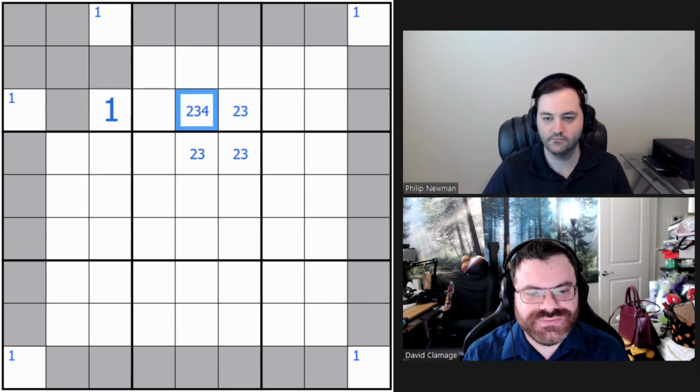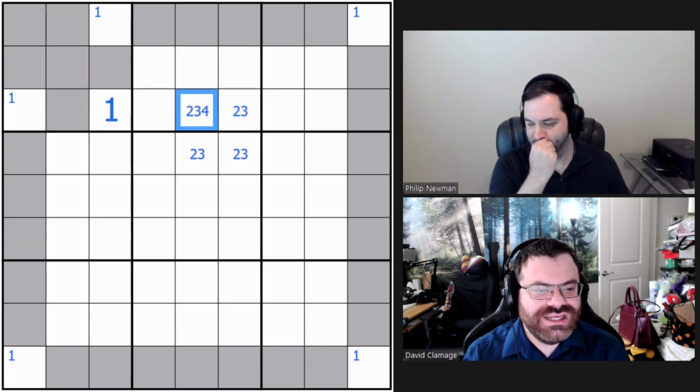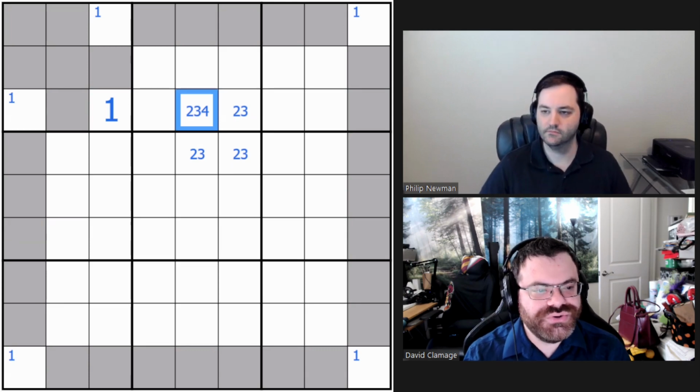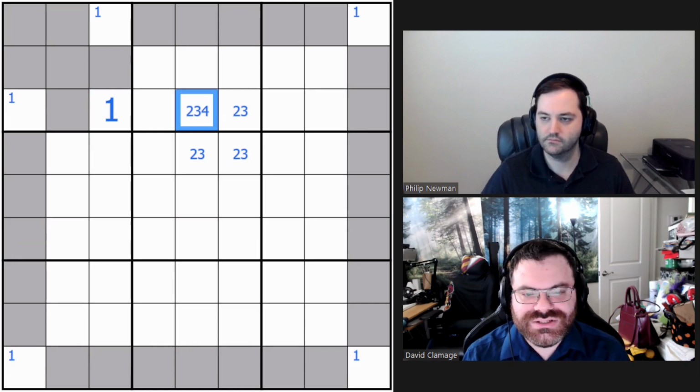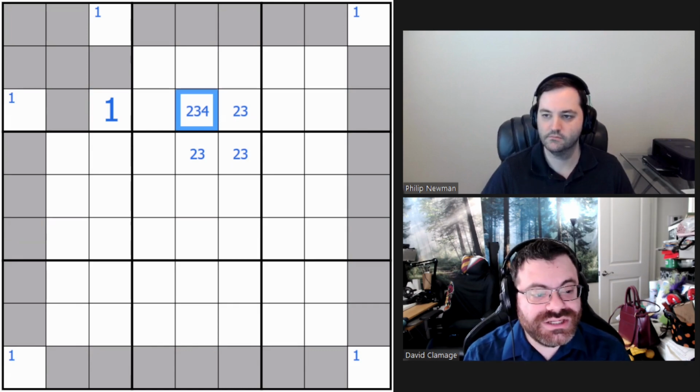And the reason why I don't like uniqueness is that it assumes the sort of invisible 4th rule of Sudoku, which is if you're presented with a Sudoku puzzle, it has exactly 1 solution. And so if you're, say, setting a puzzle, you can't use that unless you've somehow used a computer to validate that there is only 1 solution.